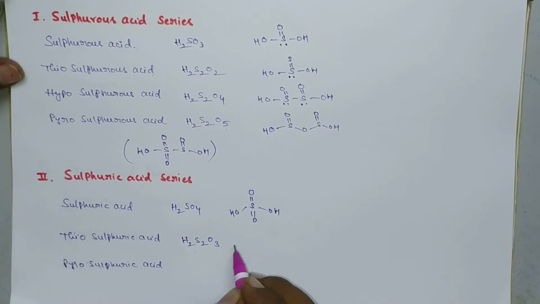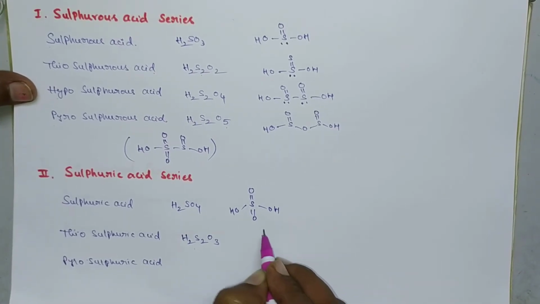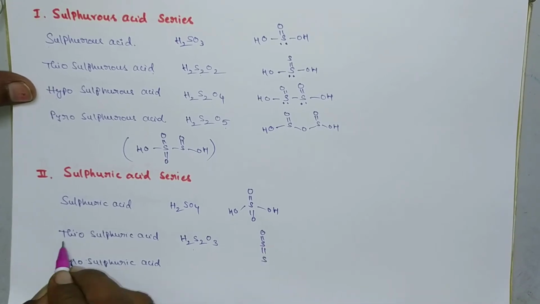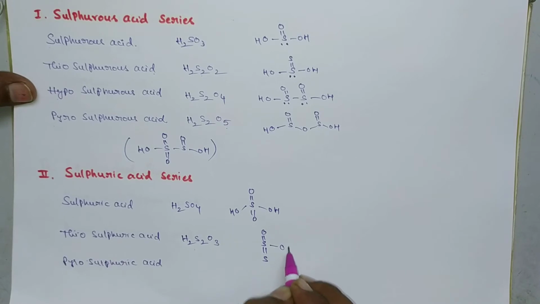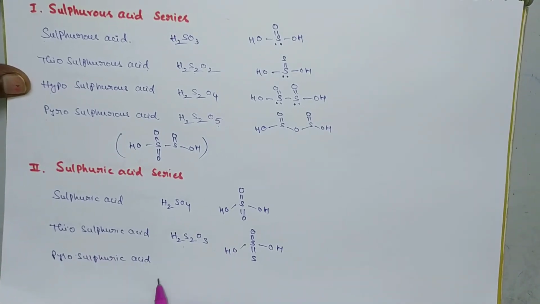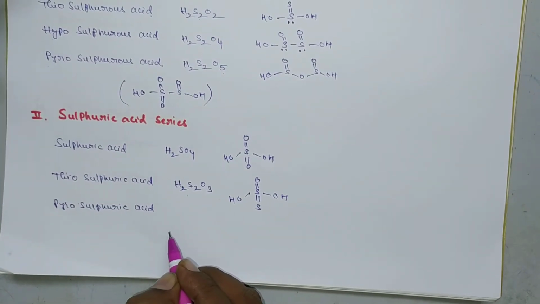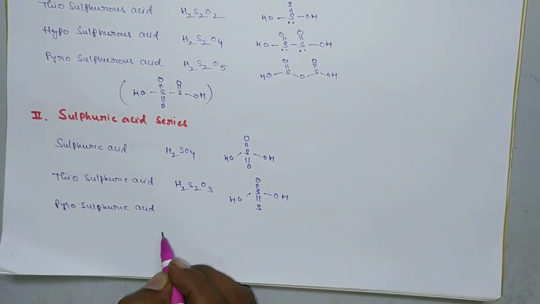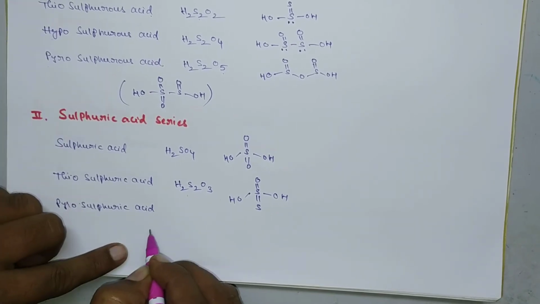Okay. So now the structure for this molecule, S double bond O, double bond S. Here since it is thio, we should have an S double bond S, like this. And next, pyro. Pyro means it consists of a pyro bond, that is a POP bond or an SOS bond. In case of phosphorus, it consists of a POP bond. In case of sulfur, it consists of an SOS bond.